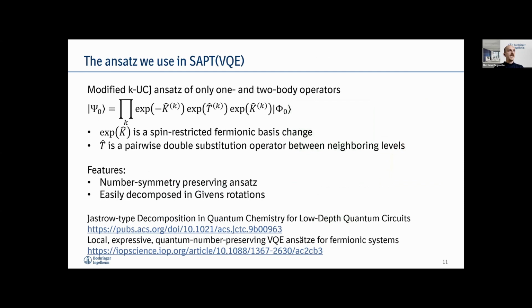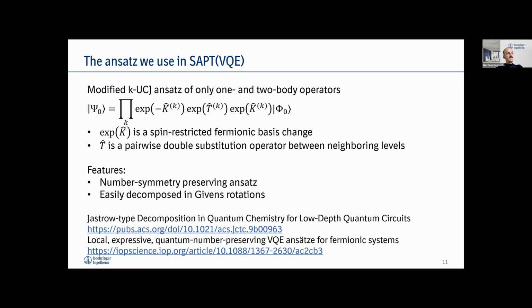So now some words about the ansatz we will use, because it's a fairly new one. What we'll use is a modified version of the k-layer unitary cluster Jastrow ansatz. K-layer means that you repeat the same circuit k times, and unitary means it's a unitary ansatz. And the cluster Jastrow is a method developed by a Japanese group.